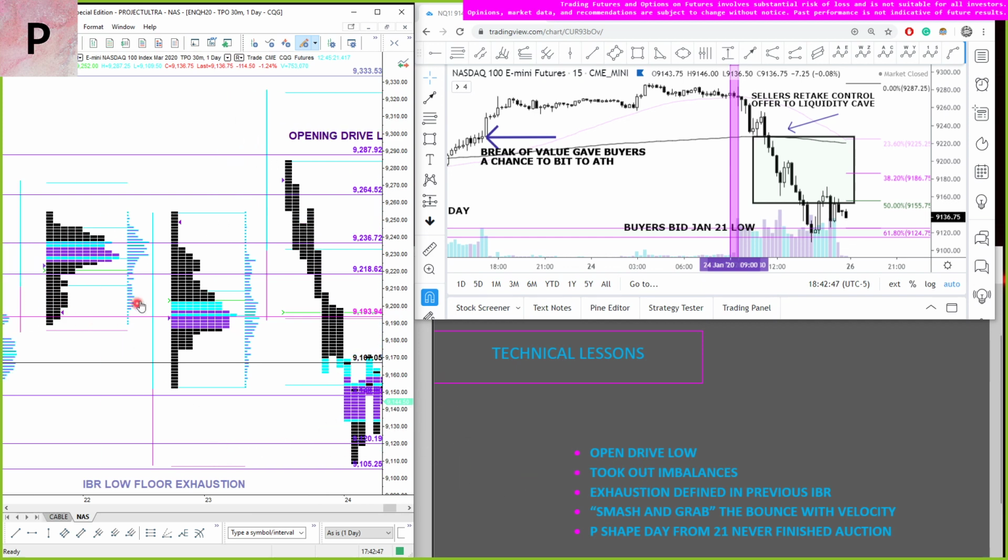And this P shape here, this is a P shape because it looks like a P. Now, I want to point out that we didn't finish that auction, and that's what made it an imbalance, which is why it looks like a P. So it's really important to understand and learn to subconsciously locate these patterns for later, because then when you start to see that value fill out and then you see an extreme unfair high like this one, then you can start looking to use those key indicators, and your brain will subconsciously say to you, hey, I've seen this before.